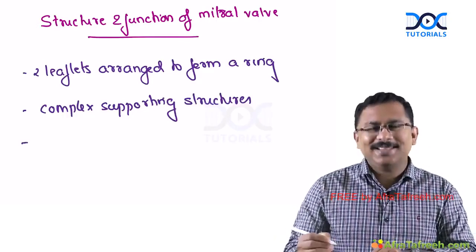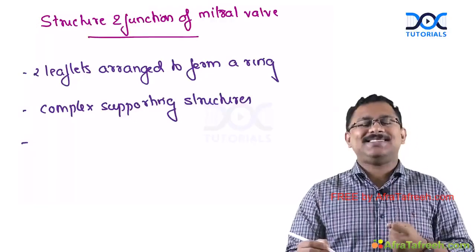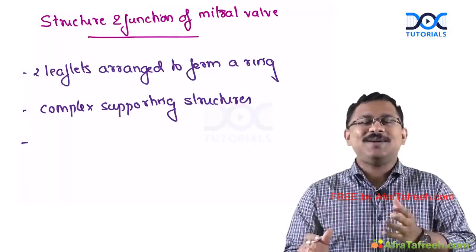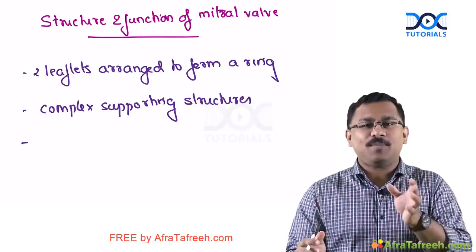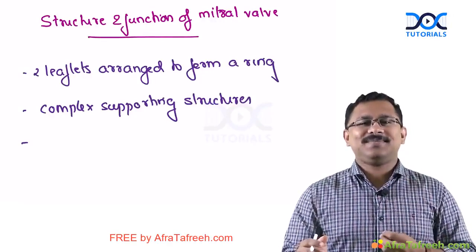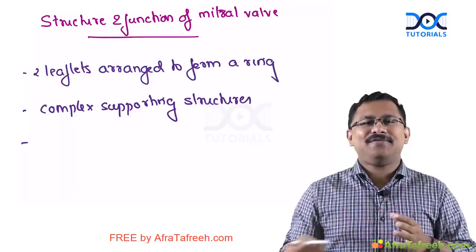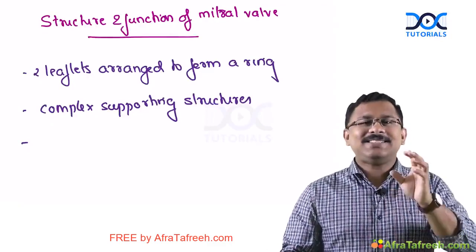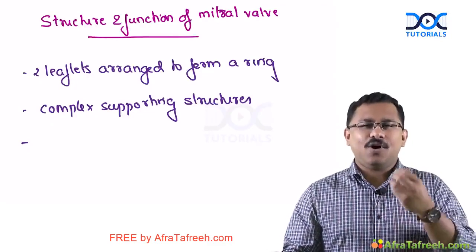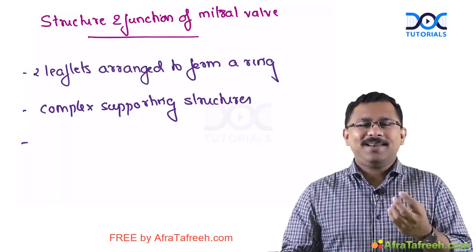Now, what do I mean by complex supporting structures? This refers to the muscles as well as tendons which are involved in supporting the mitral valve. In fact, the mitral valve leaflets are supported by the chordae tendineae and the papillary muscles.